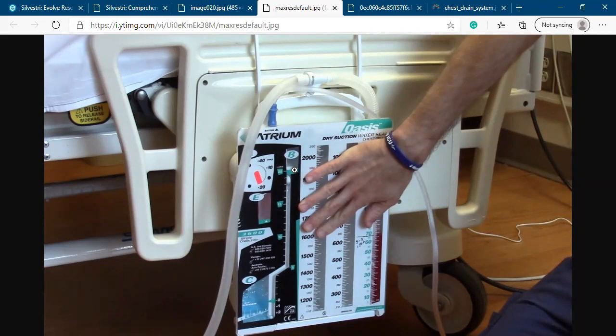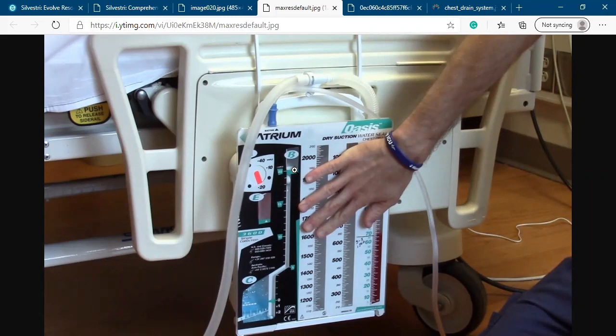So what we learned: the chest tube is a device. We use it to remove excess fluid or excess air from the lungs, right?